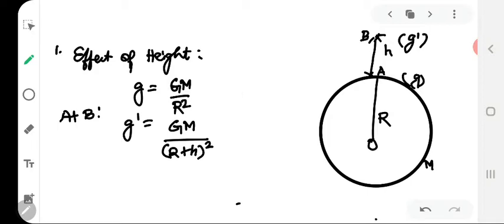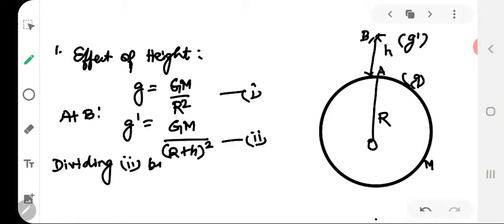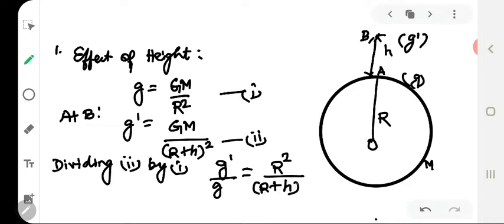Now if we mark these two equations as 1 and 2, then dividing 2 by 1 we get g dash by g equal to r square by r plus h whole square, as GM will get cancelled.